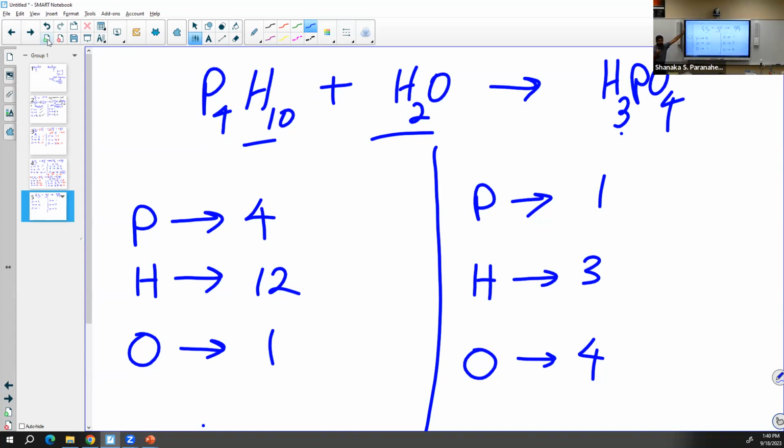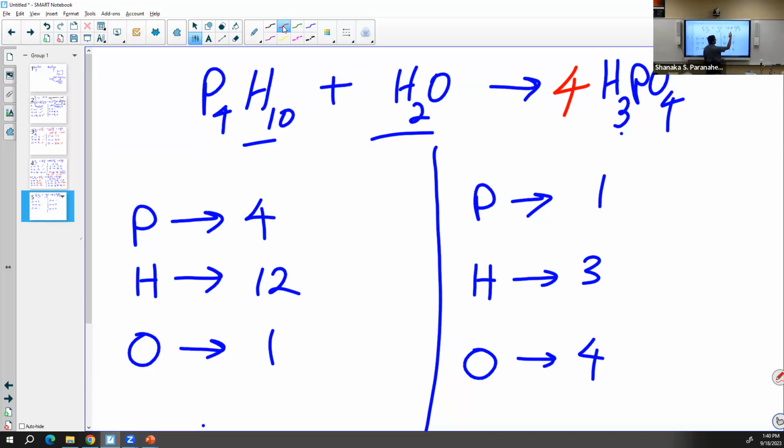So by looking at your reactant and product, definitely we need more phosphorus on the product side. So it will change the count on hydrogen and oxygen. So I'll start from phosphorus. Since it's 4 on the reactant side, we need 4 on this side. The new number is going to be 4 phosphoric acids, like that. It will change the count on all 3 elements.